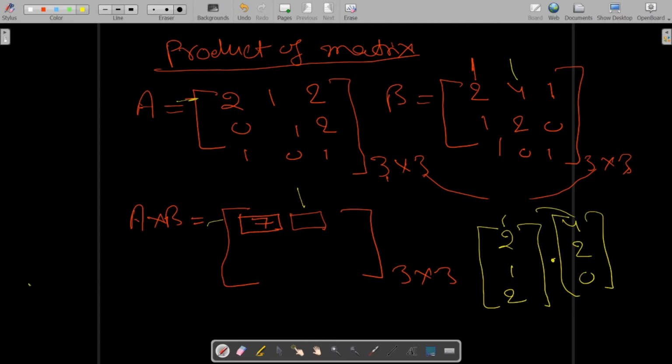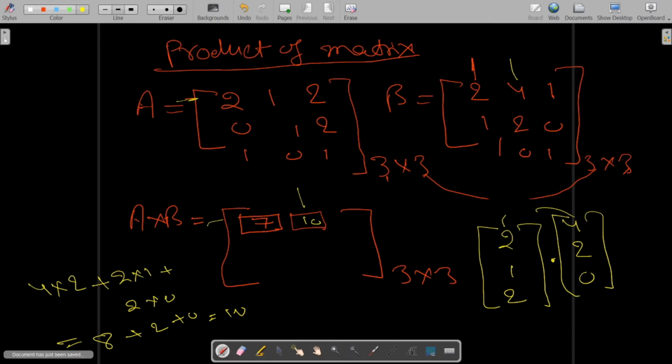So what is that? 2 cross 4 plus 1 cross 2 plus 2 cross 0, which is 8 plus 2 plus 0, which is 10. So here it will be 10.